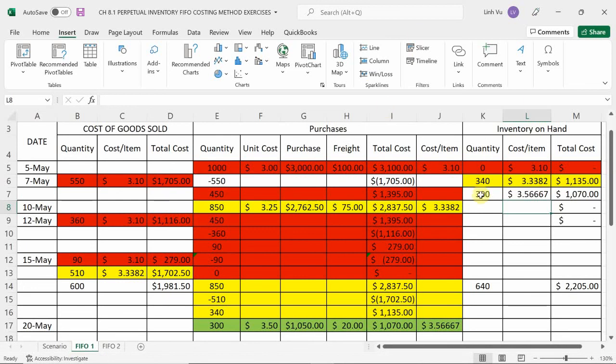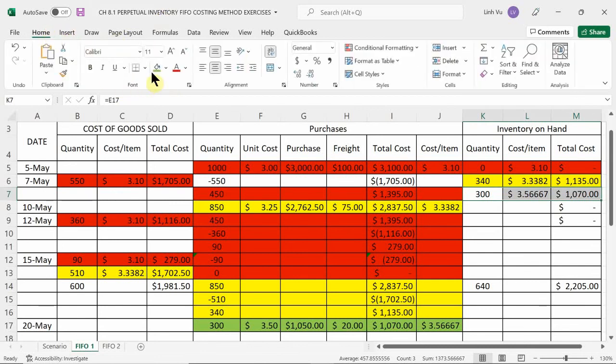And again, this is green. All right, so I have 3 batches of inventory. In this case, my first batch of red is completely gone. And I have yellow, and then I have green.